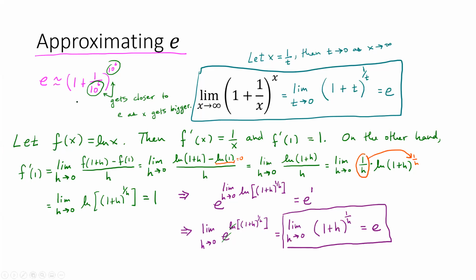Like in this case, if I were to just plug this into my calculator, I'd get something around 2.71, which is a good approximation up to 2 decimals.